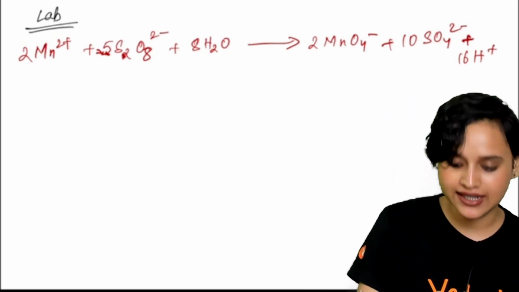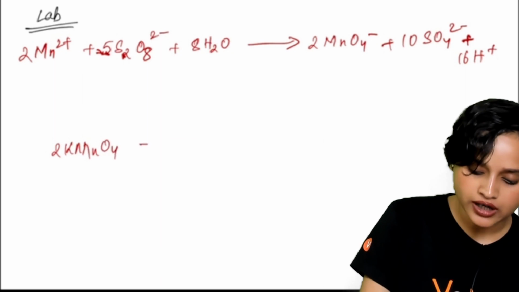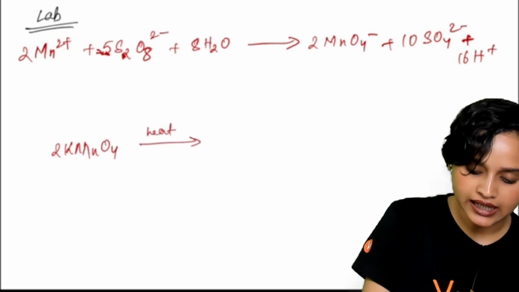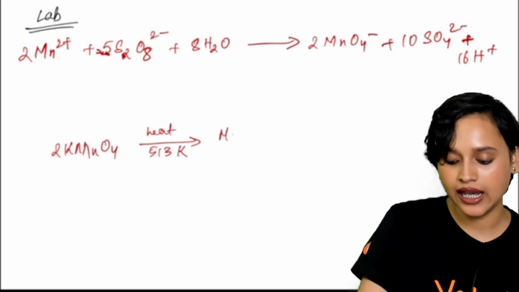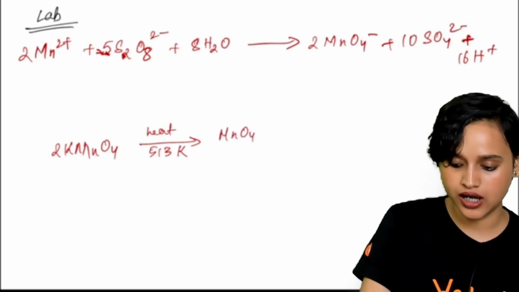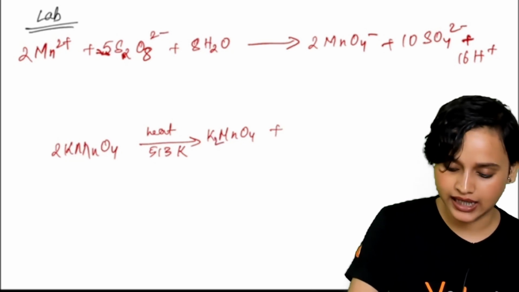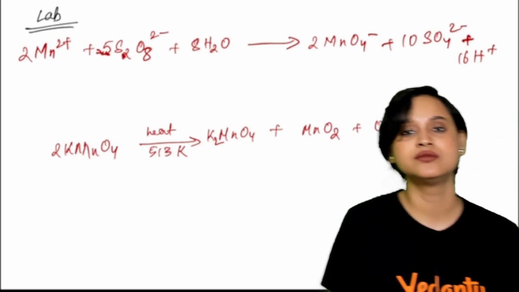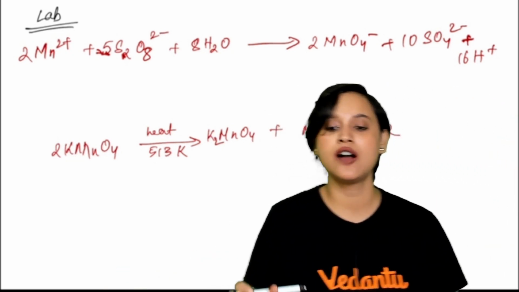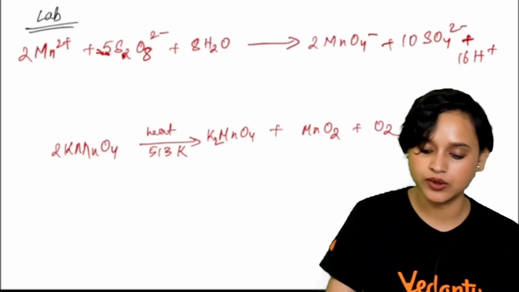So 2 KMnO4, if you heat at 513 Kelvin, what you will get? You will get K2MnO4, plus MnO2, plus O2. This is the answer. These are the things that you will be getting.